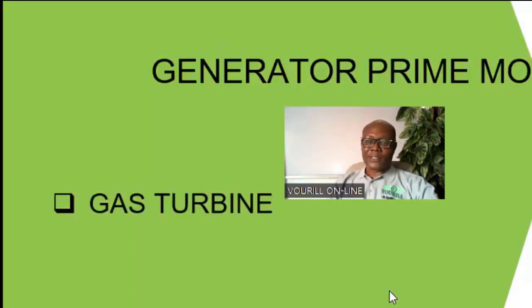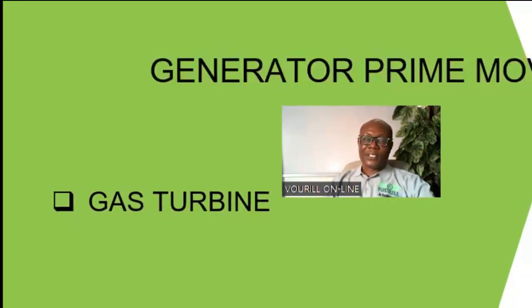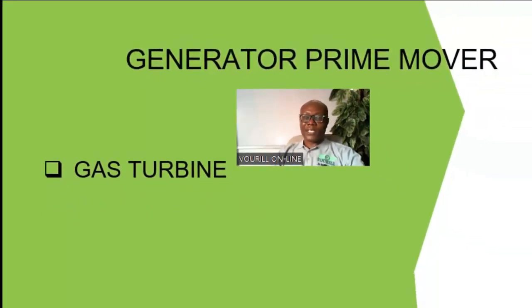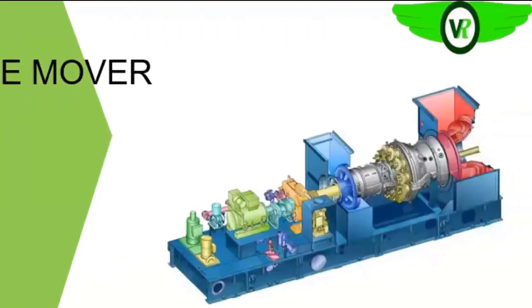Now let us look at the gas turbines. Basically, the gas turbine converts the chemical energy contained in the gas, methane gas principally, into rotating mechanical energy. So how does the gas turbine do this?